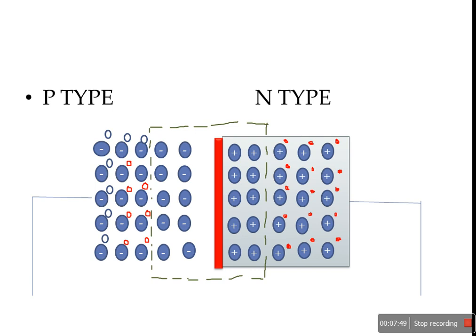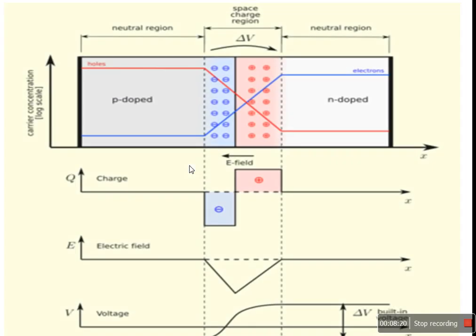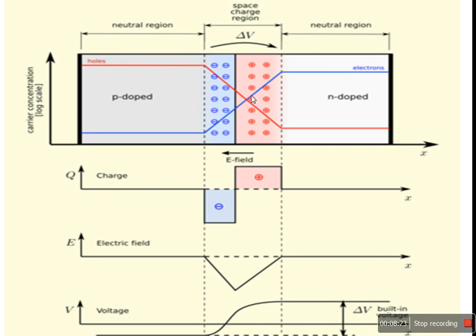It prevents the further movement of holes from P to N and the further movement of electrons from N to P. So in the depletion region a certain amount of electric field is generated.